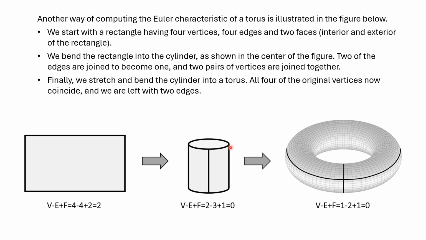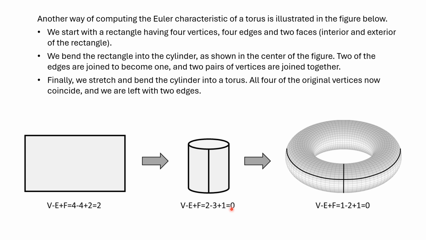There's this edge around the top, there's this edge here, which used to be 2 edges, and then there's the edge around the bottom, so that's 3. And then the number of faces is just 1. That's the surface itself of the cylinder.